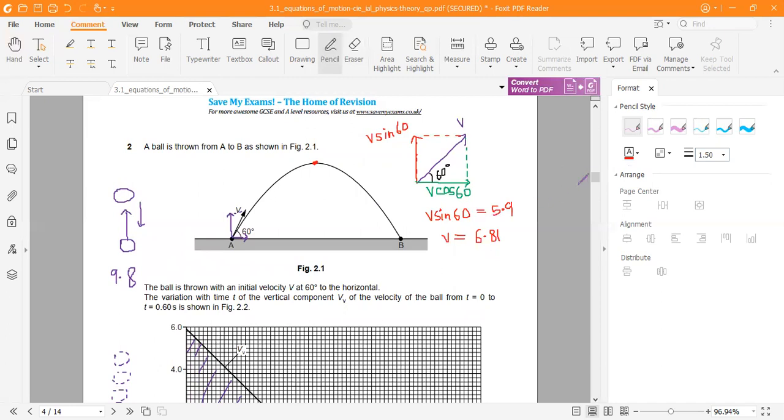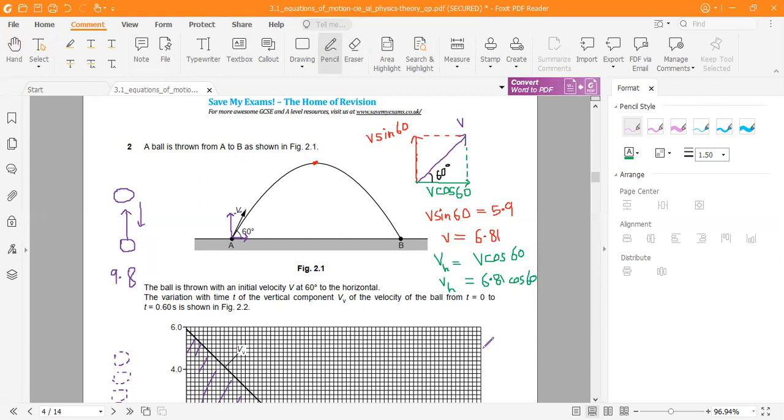Now, the question was to find the horizontal component of velocity. So I can easily find it. VH is equal to v cos 60. From here I can see that VH is equal to 6.81 cos of 60 degrees.